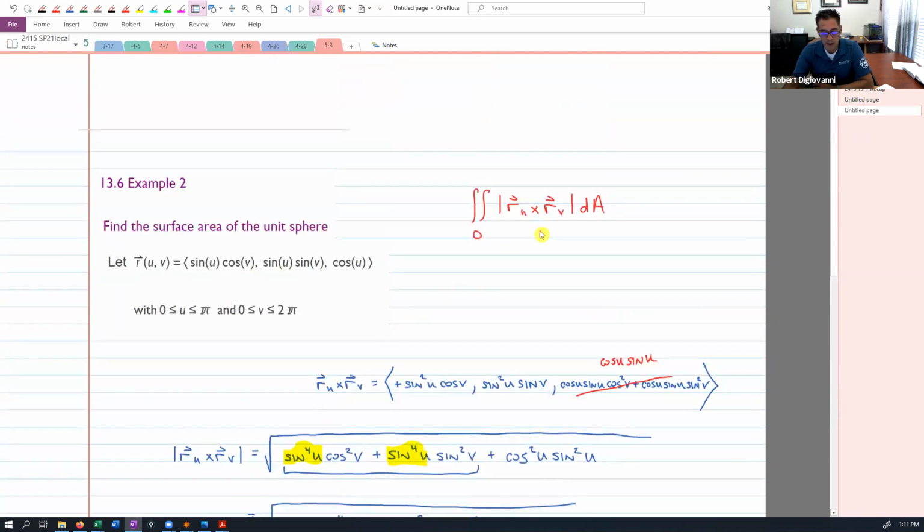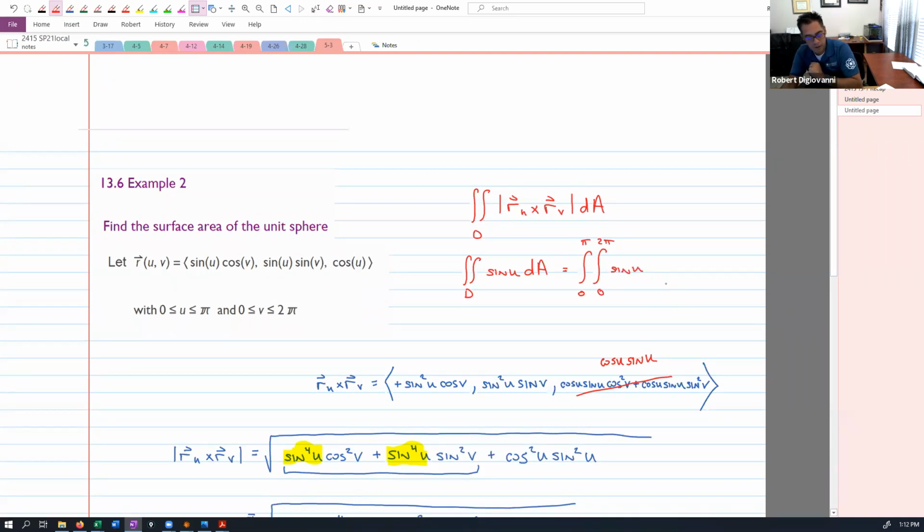So back up to this. This becomes the double integral over D of sine of u dA. And now we just need to put our restrictions on u and v. So I'll go from 0 to pi, 0 to 2 pi. We're integrating sine of u.